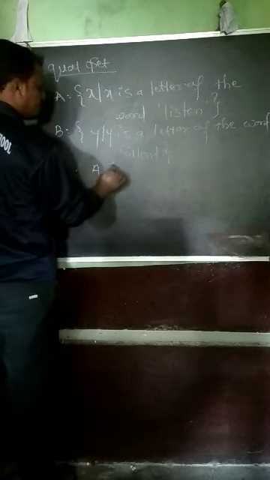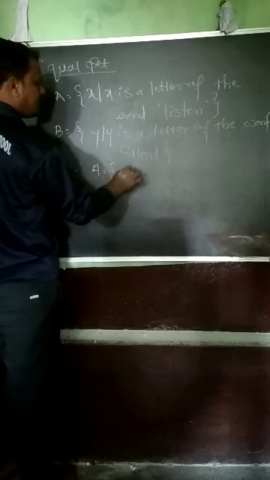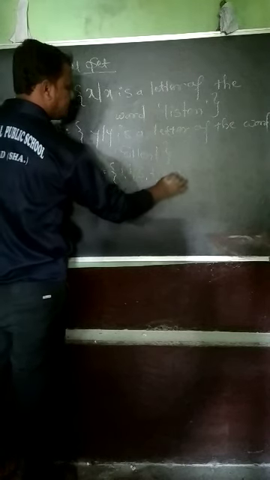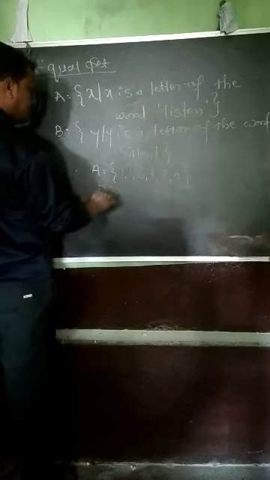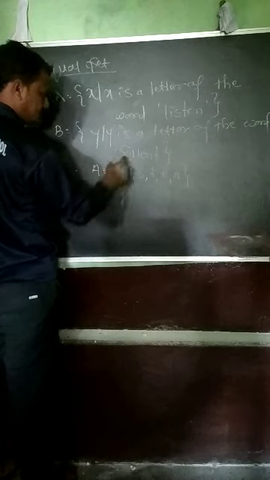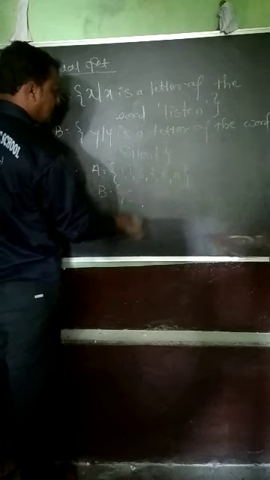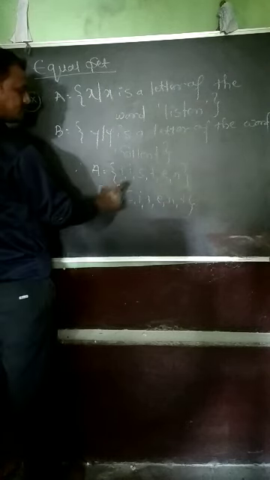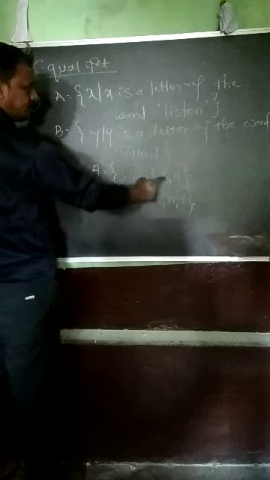Therefore A is equal to L, I, S, T, E, N and B is also S, I, L, E, N, T.